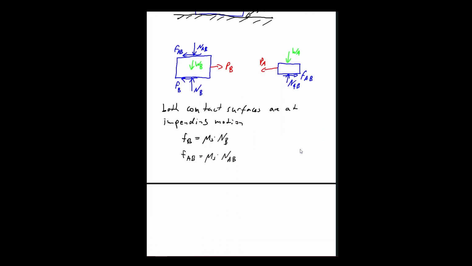Let's think for a second how we do this best. Well, if we look at the small box first, right, then we could use sum of forces in the y direction to get NAB. Once we have NAB, we have FAB, and we have PA. Okay, let's do that.